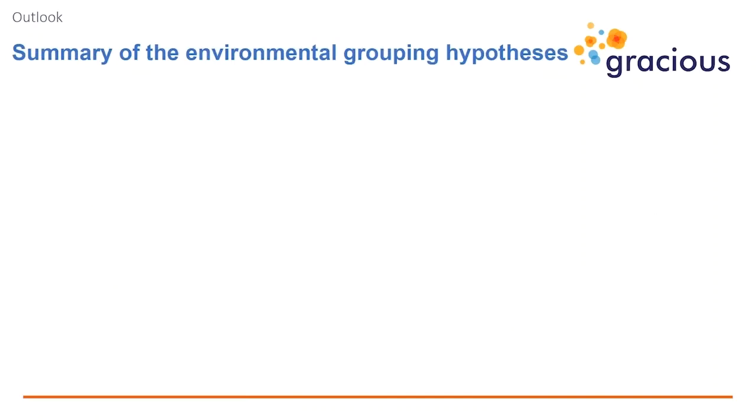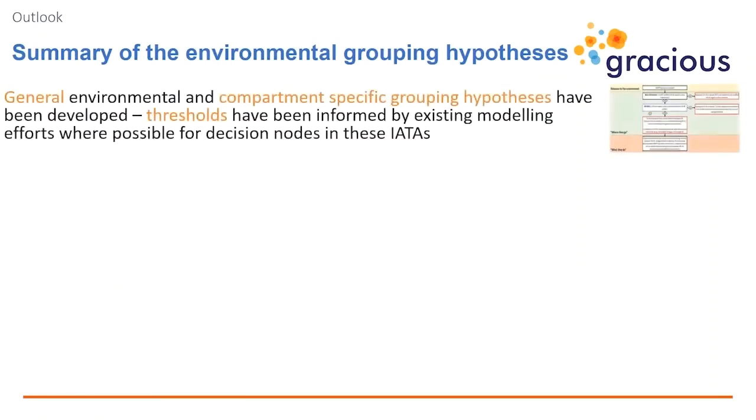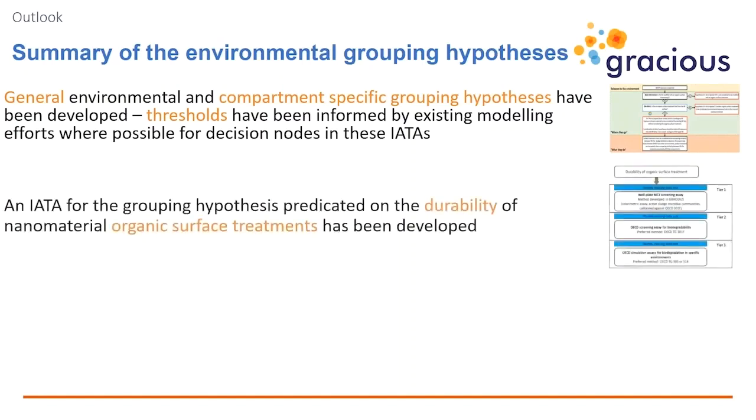So to recap and summarise, general environmental and compartment-specific grouping hypotheses have been developed, and the thresholds for these IATAs have been informed by existing modelling efforts where possible to allow us to answer decision nodes in these IATAs. Specifically for our example of coating degradation, an IATA for this grouping hypothesis, based on the durability of your organic surface treatments, has been developed.